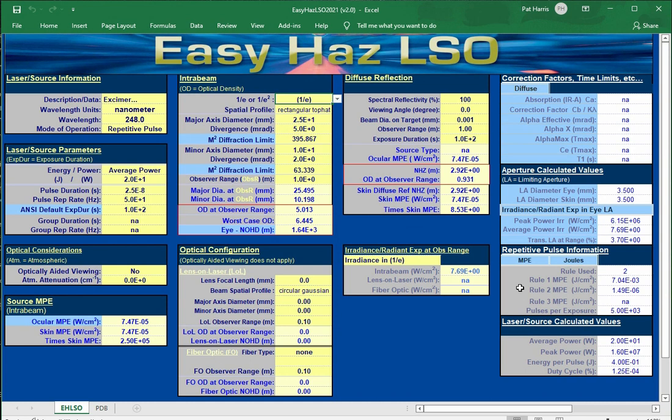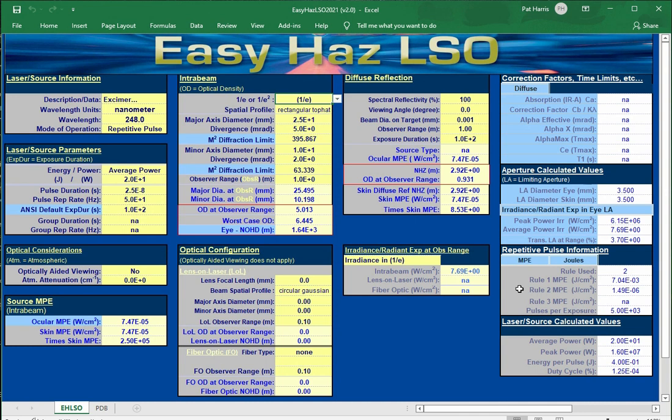It's much more restrictive than the Rule 1, and that's because, remember, in this wavelength range we have both thermal and photochemical MPE we're looking at, and it's the photochemical MPE that's driving this analysis.